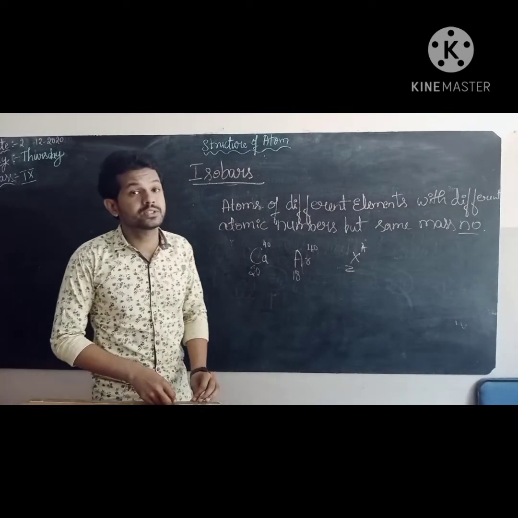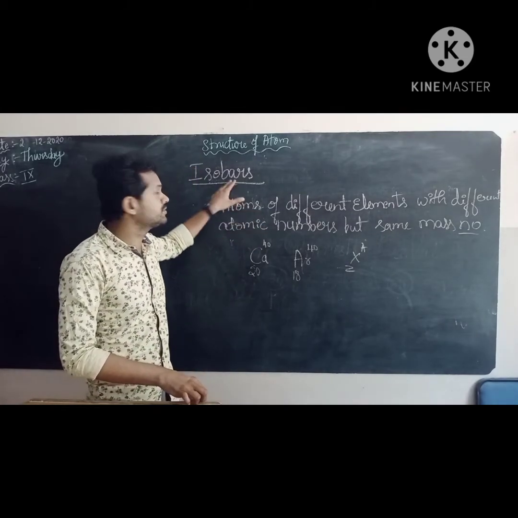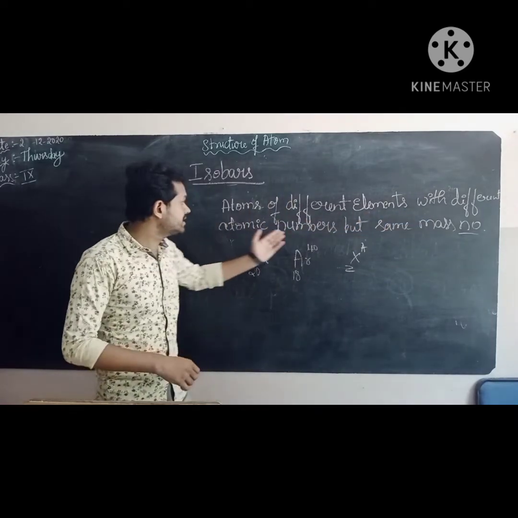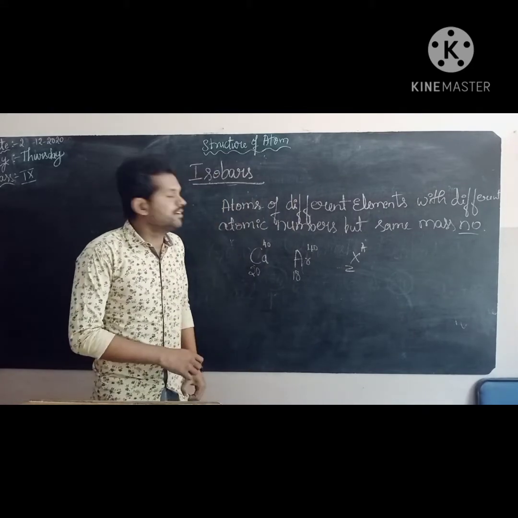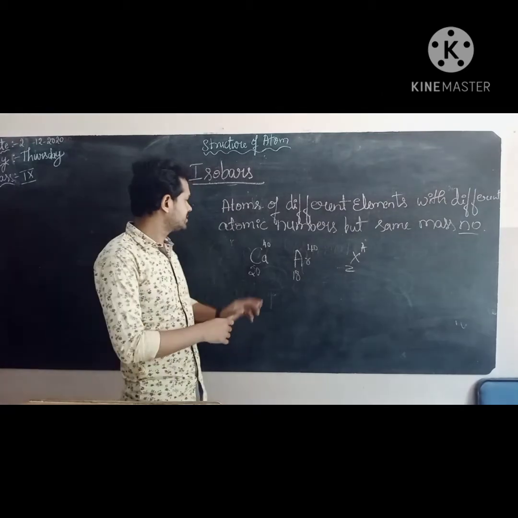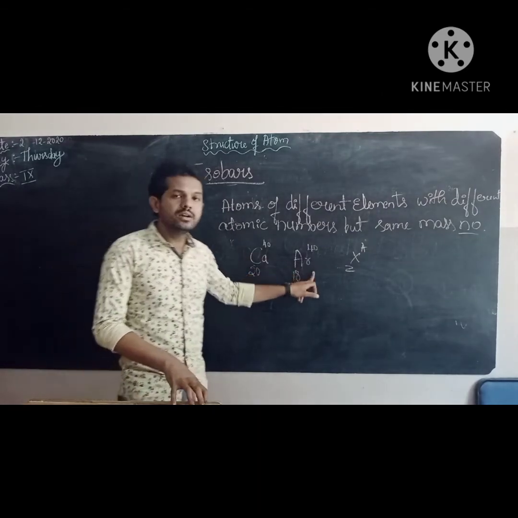Next one is isobars. It is just opposite to that of isotopes. Let us see the definition for isobars. Atoms of different elements with different atomic numbers but same mass numbers. First, let us see the example and later you should understand what you mean by isobars. Here we have the elements calcium and argon.